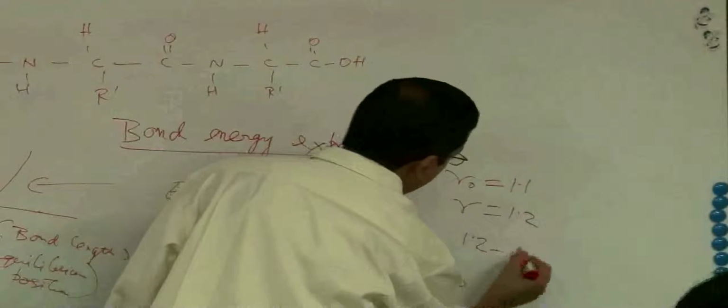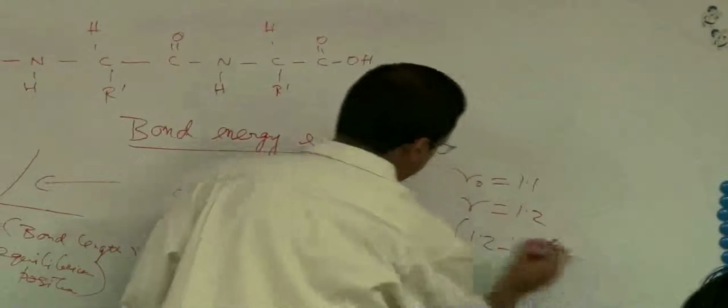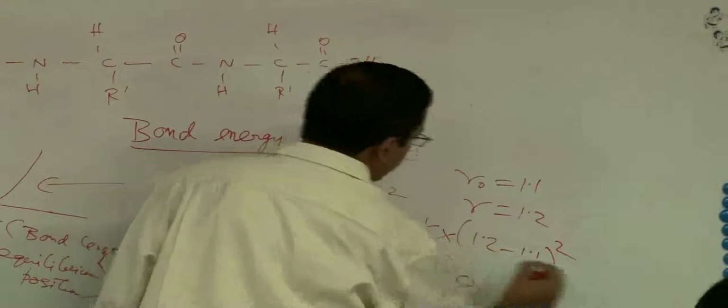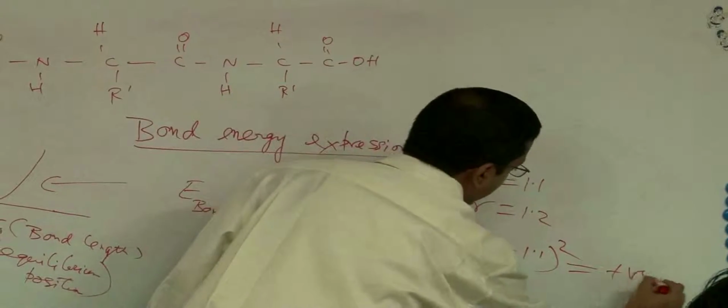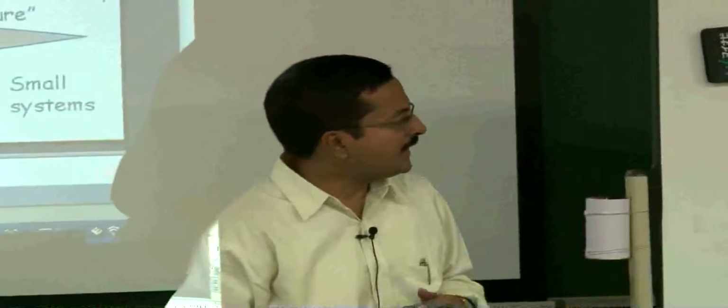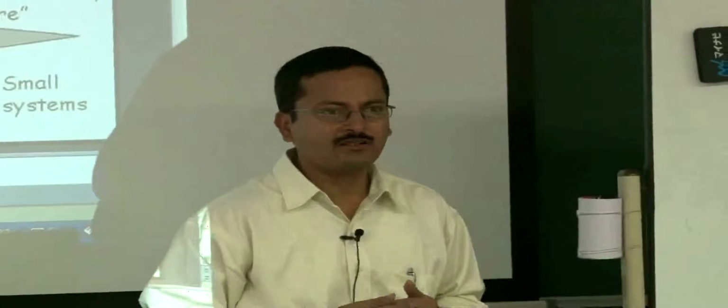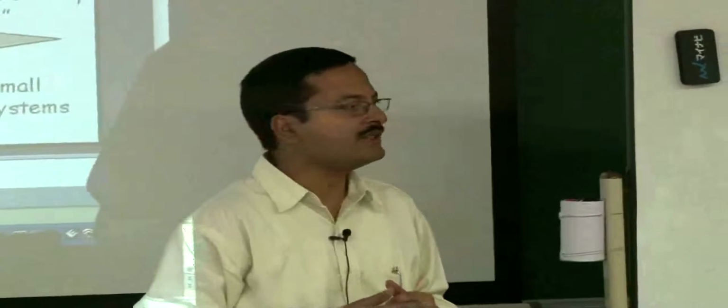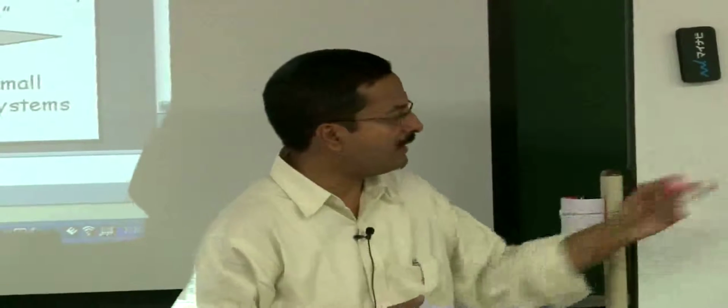So, we have 1.2 minus 1.1 squared, times K, I will come to what K is. So, it is a positive quantity, right, which means energy is always increasing, and this is the representation of the same thing. And this is the equation of a parabola.